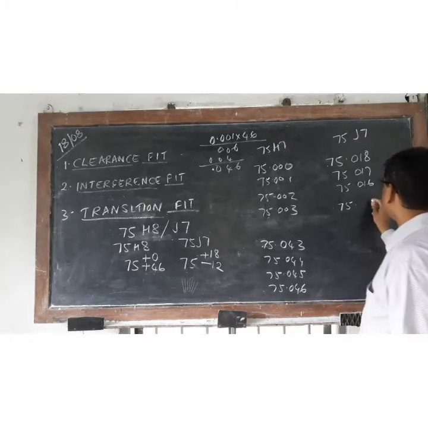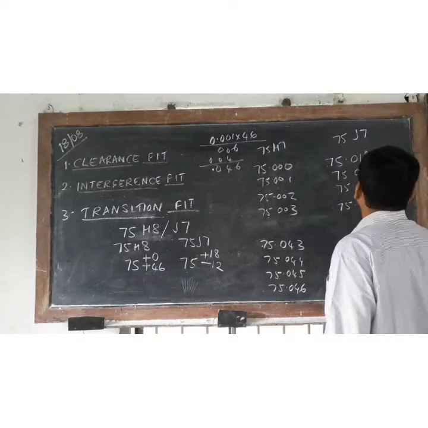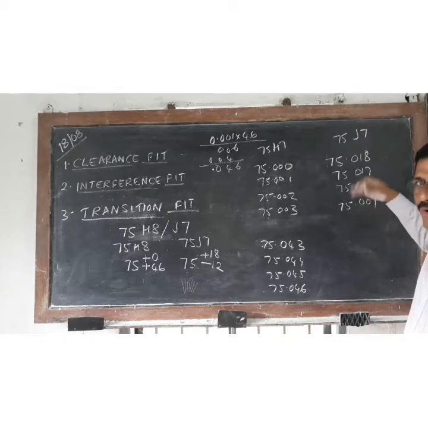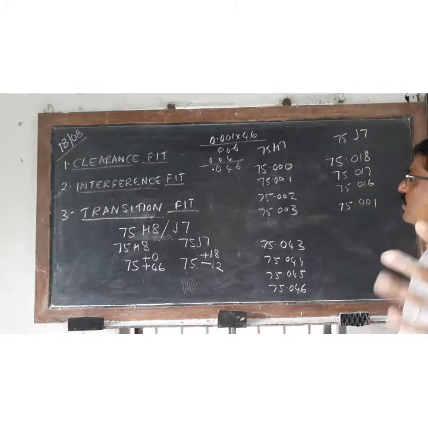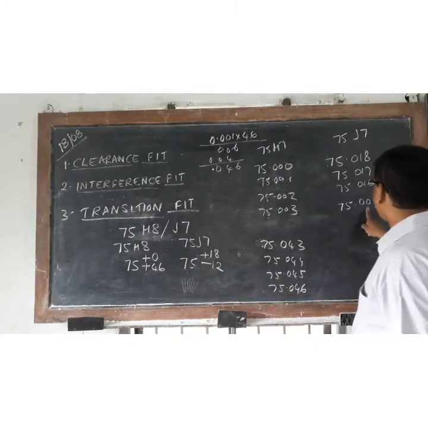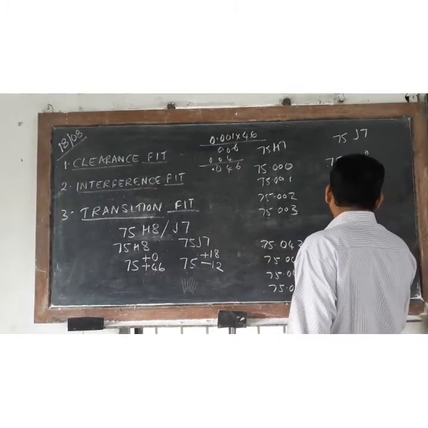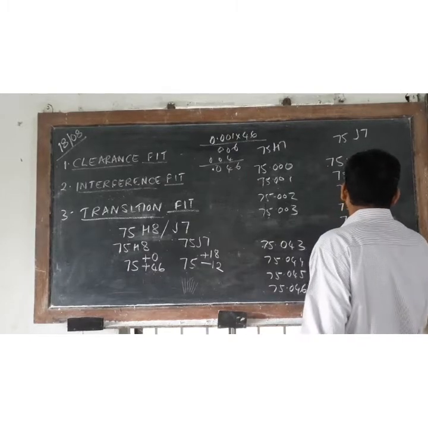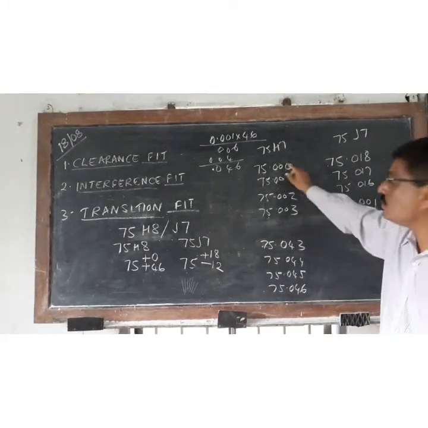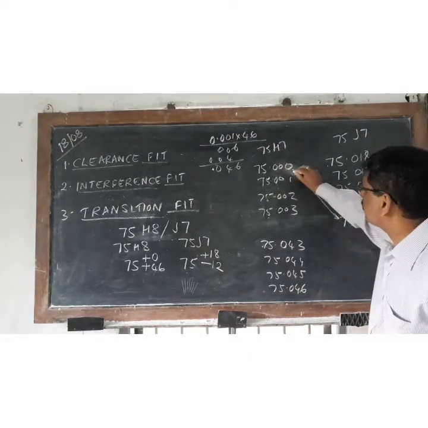Last it will come 75.001, isn't it? Like that, as you keep going, you come to know. Just subtract 1 micron each time. So it comes 75.001 and then 75.000. Got it? It is going to overlap.